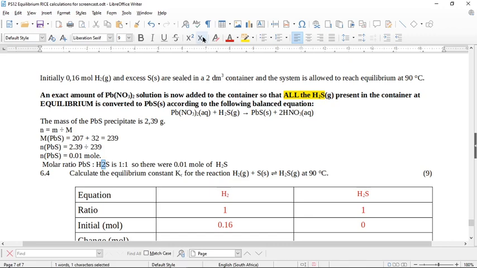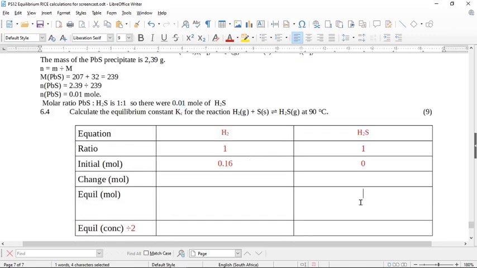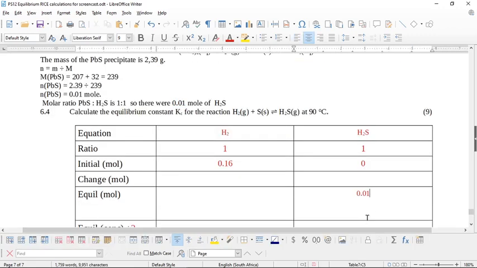Okay, so we now know how many moles were at equilibrium. Okay, because it was at equilibrium, then we added the lead nitrate. This produced lead sulfide, and the lead sulfide was taking out the hydrogen sulfide. So once we knew how much lead sulfide there was, we could figure out how much hydrogen sulfide was there at equilibrium from the molar ratio. So now we know that this 0.01 here of hydrogen sulfide is the number of moles at equilibrium.